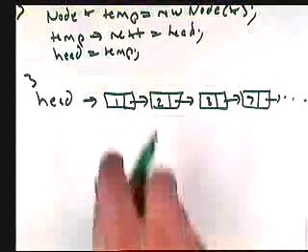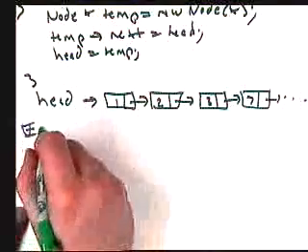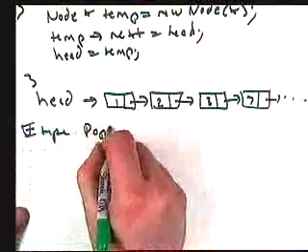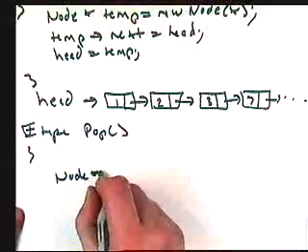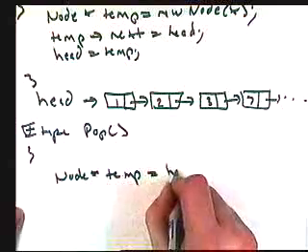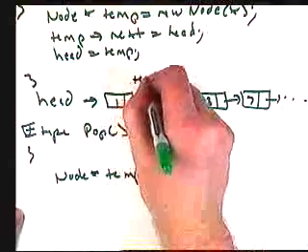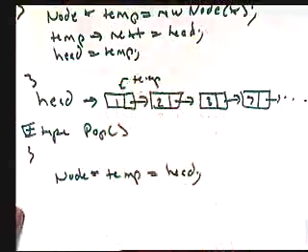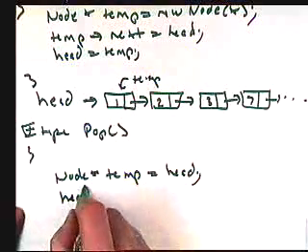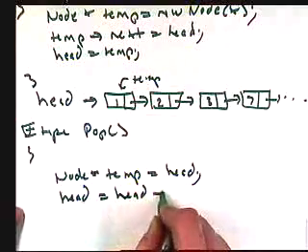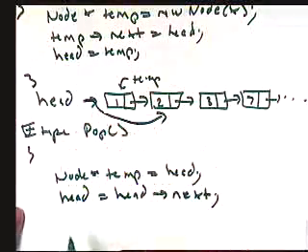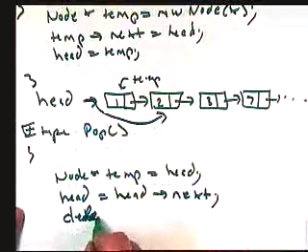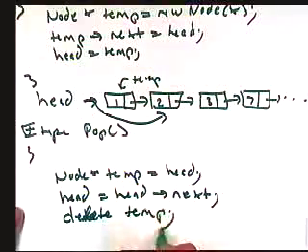So we need to at least delete this, and so I can say, well, here's eType pop, and I can at least say here, well, I'm going to have a node pointer temp equals head, so I'll point a temp to here. Then I can say head equals head arrow next, and that would point this over here. Now I have the ability to say delete temp, and that gets rid of that node.